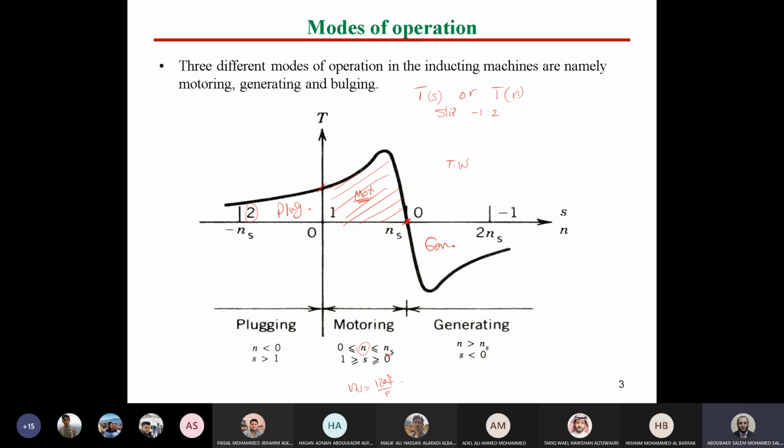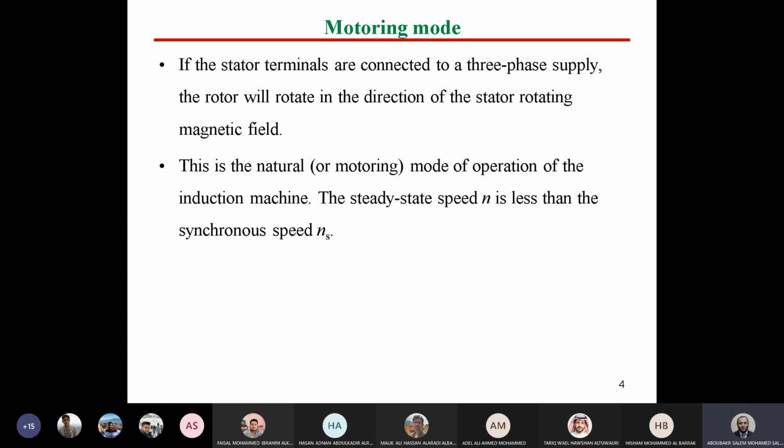Okay, شباب? Let's discuss a bit more about each mode of operation. First, the motoring mode. If the stator terminals are connected to a three-phase supply, the rotor will rotate in the direction of the stator rotating magnetic field.